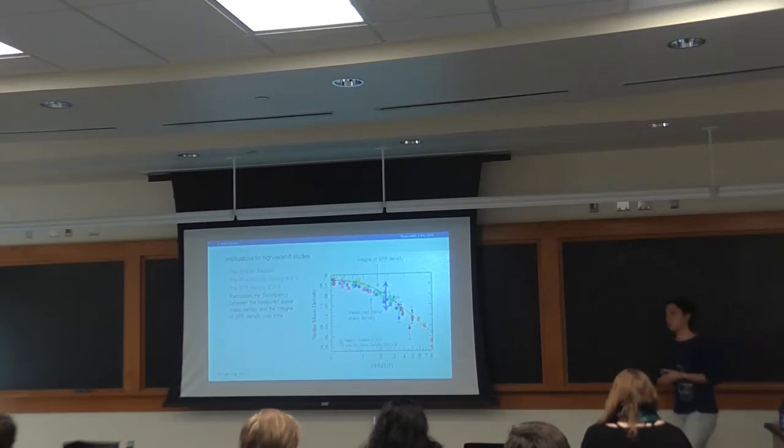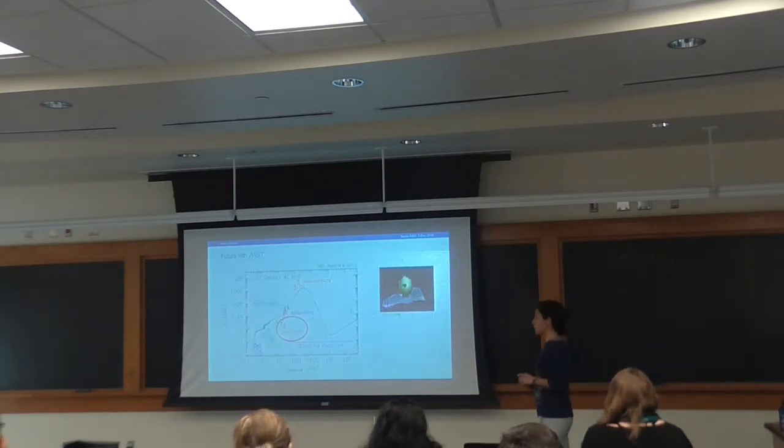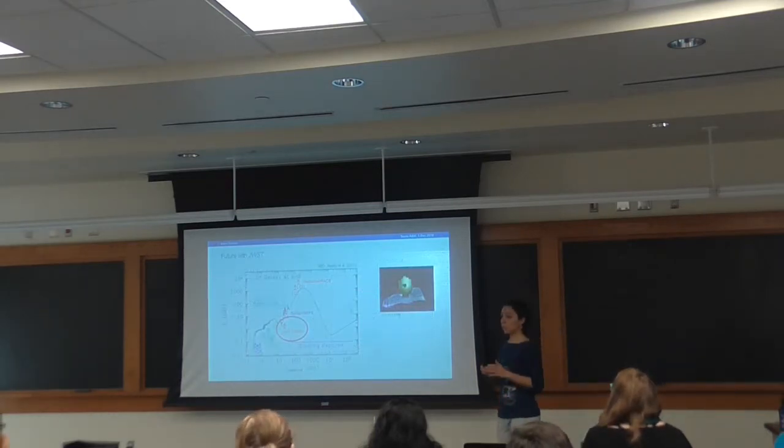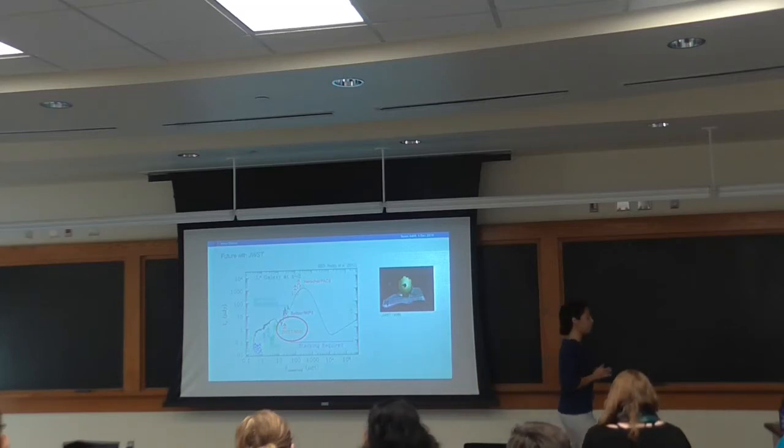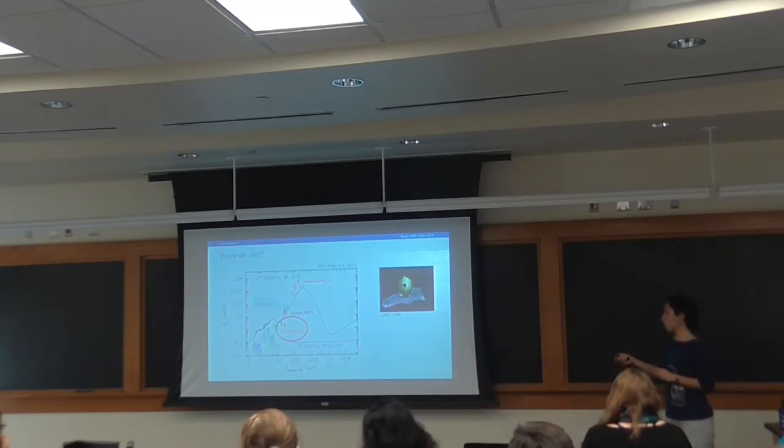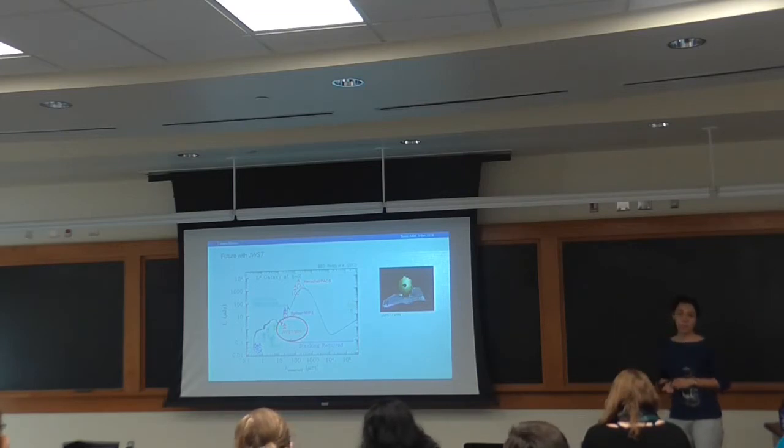So I showed all these results using MIPS 24 micron data and Keck MOSFIRE spectroscopic data. In the era of JWST, we will be able to build on these results extensively because of the much higher sensitivity of the instruments on JWST.